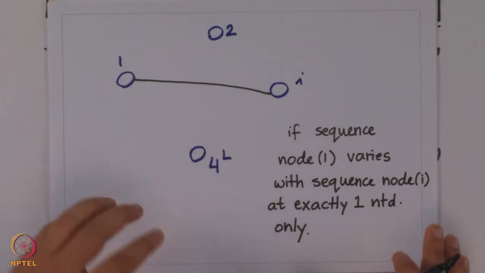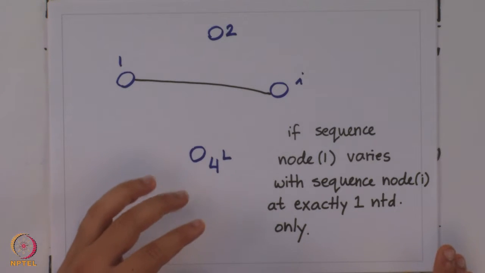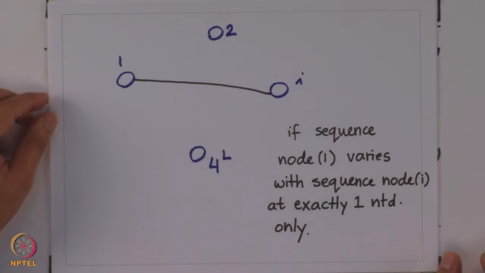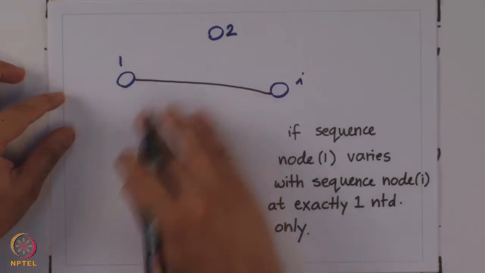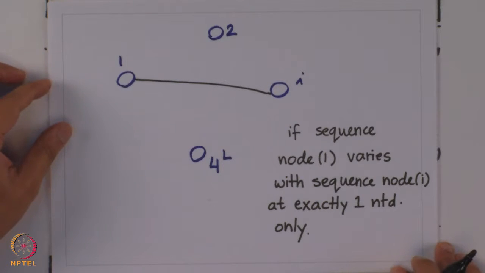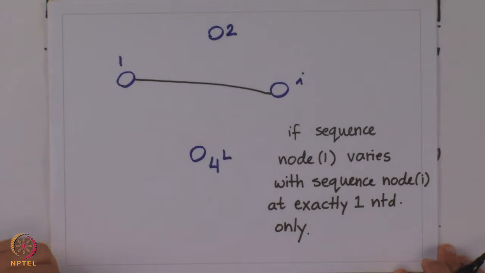If that's the case, that's when we are connecting node 1 and node I on our graph, and this gives me a connection between various nodes associated with this DNA sequence of length L.